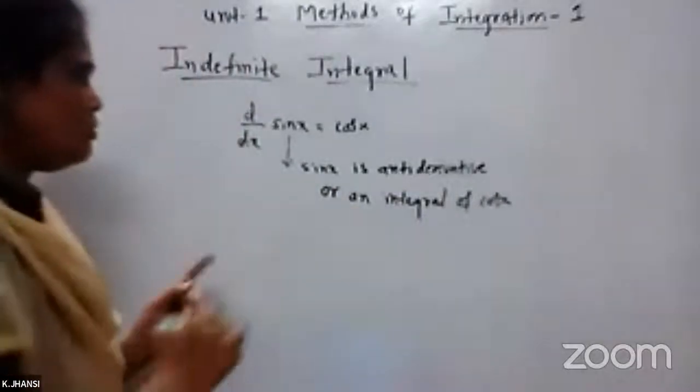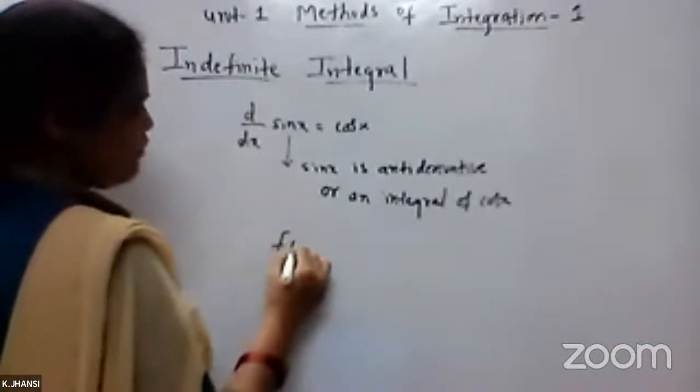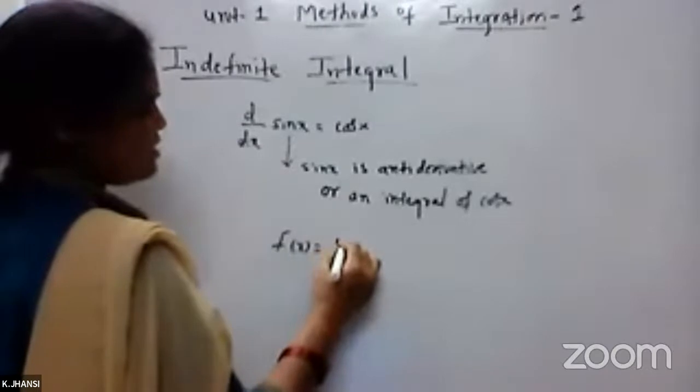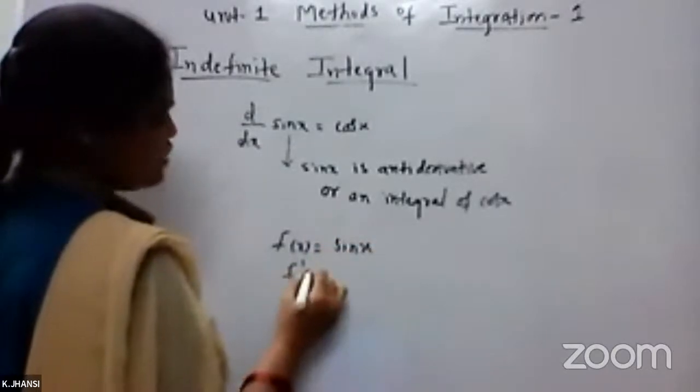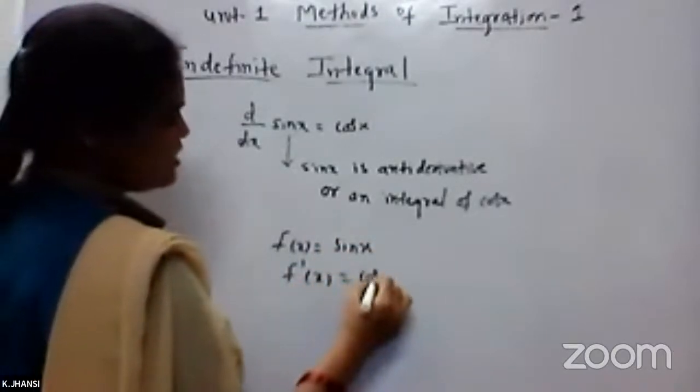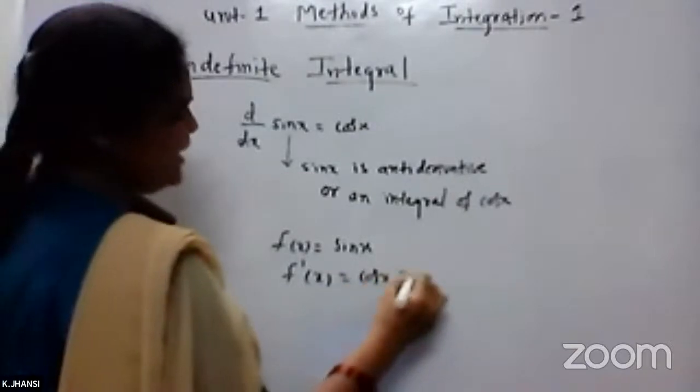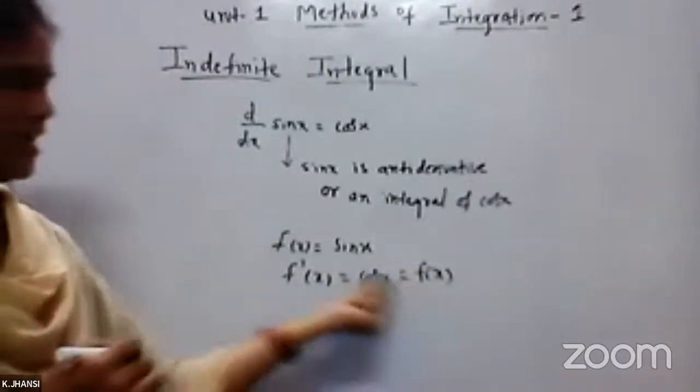Yesterday we saw that if f of x equals sin x, then f dash of x equals cos x. This is small f of x, and this is the capital F of x.